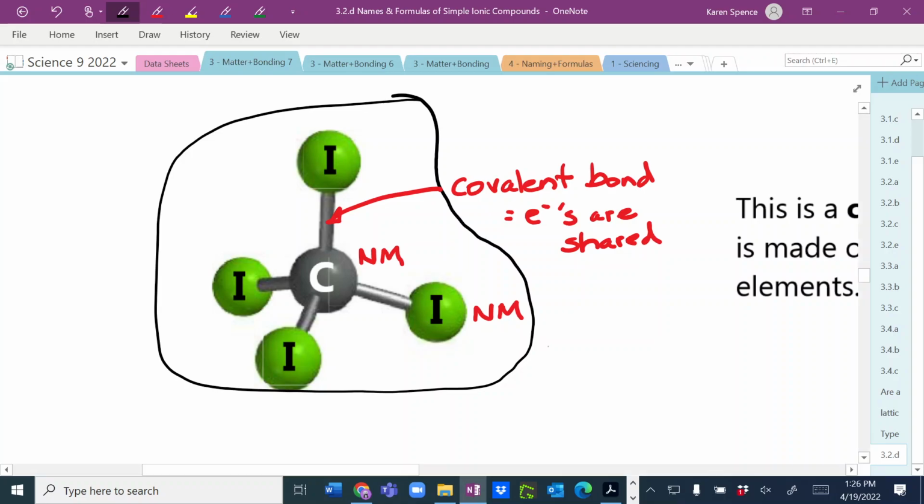We call that a molecule. So when the atoms are bonded together with ionic bonds, we call it a formula unit. When they're bonded together with covalent bonds, we call it a molecule, okay?